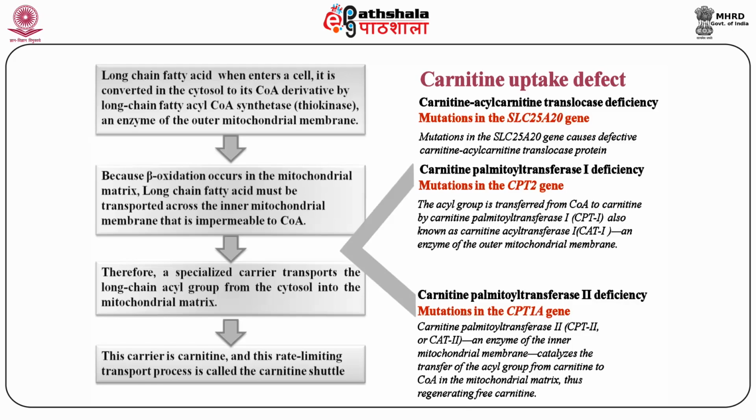The third is the carnitine palmitoyl transferase 2 deficiency, which happens due to the mutation in the CPT1A gene, an enzyme of the inner mitochondrial membrane, and catalyzes the transfer of the acyl group from carnitine to coenzyme A in the mitochondrial matrix, thus regenerating the free carnitine.